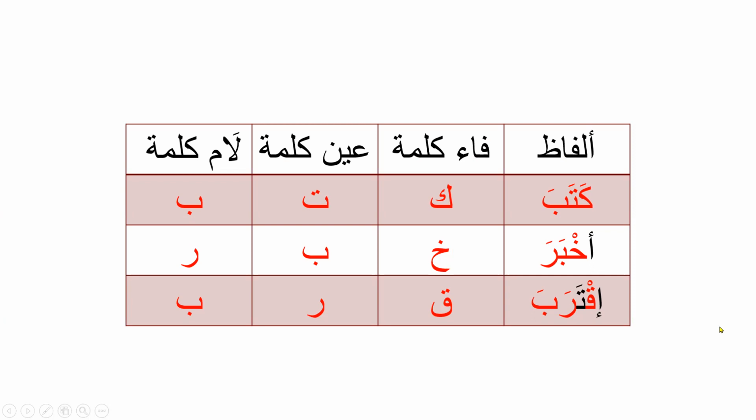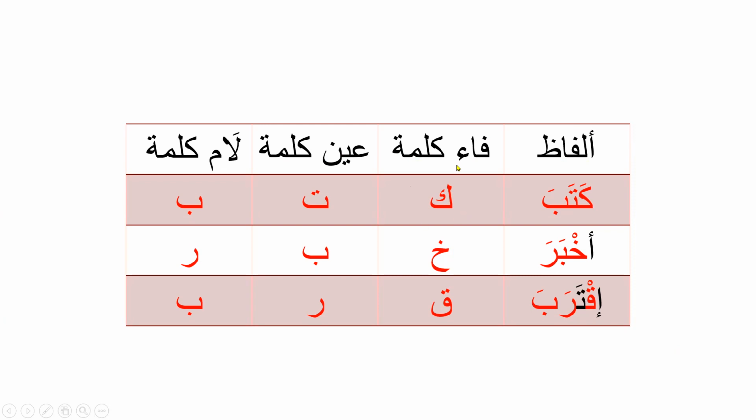Okay, now look here. As we know, the default letters are Fa Kalima, Ain Kalima, and Lam Kalima. These are some examples that I have written here to show you how Mazid Fihi and Mujarrad work. Now look at this.